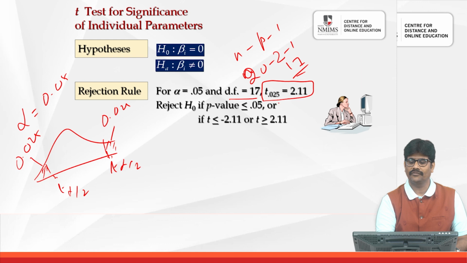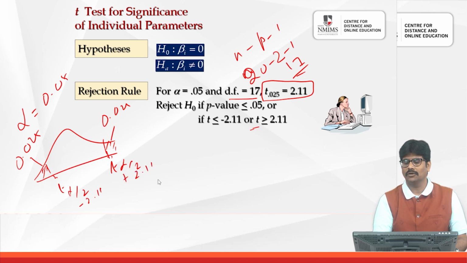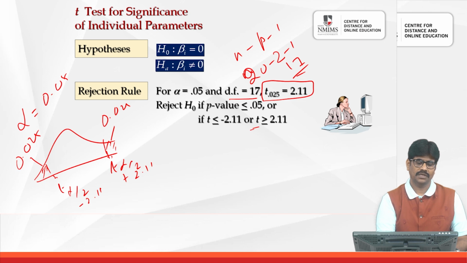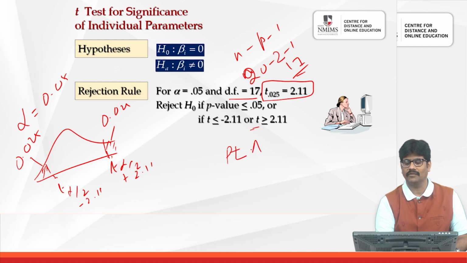So, the value of t alpha by 2 is 2.11, and the t value is very much greater than 2.11, and in this case the t value is very much less than minus 2.11. Here it will be a positive value, here it will be a negative value. Either way, it falls in the rejection region, and the p value is also less than or equal to alpha value in this case.